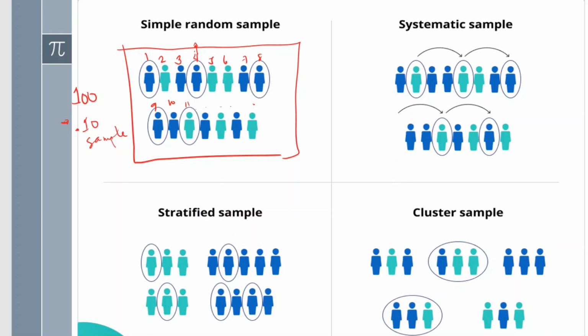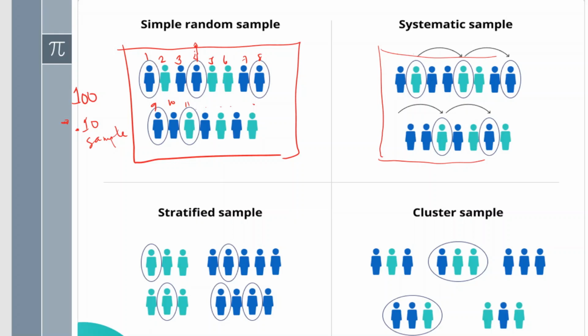So in systematic sampling, if this is your whole population, you're going to assign numbers again, 1, 2, 3, 4, 5 and so on. Then you're going to pick individuals by 2.